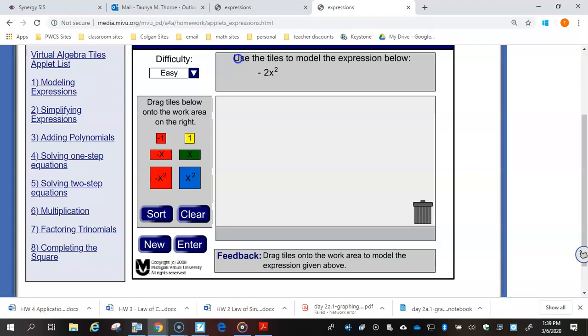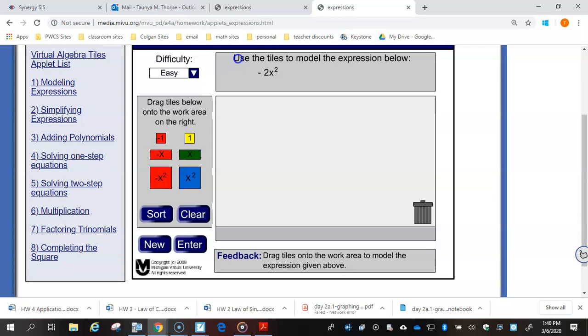Alright, so before we talk about how to do this a different way, we're going to be using algebra tiles. You don't have them physically, but if you like this method, you would be drawing it. You need to know a couple things. Anything in red is a negative.